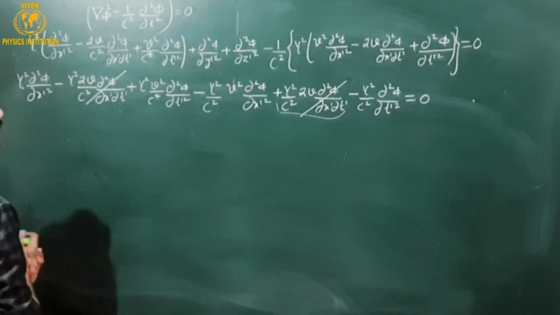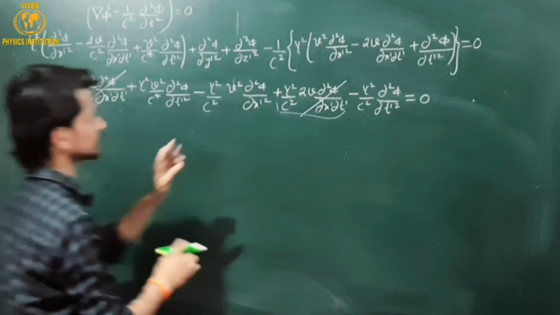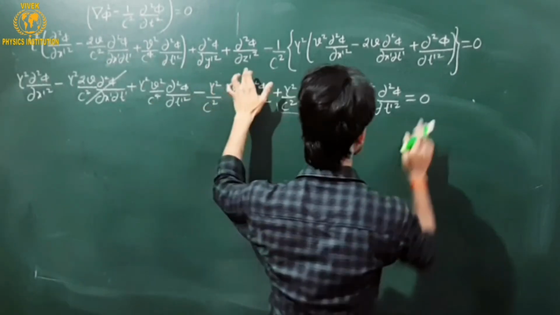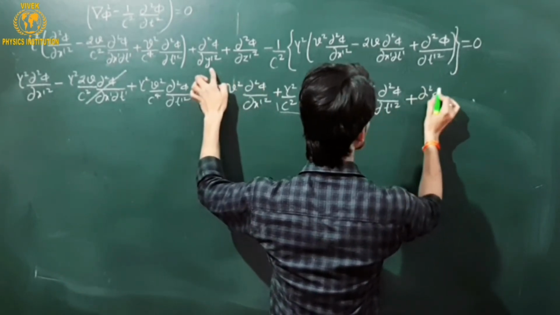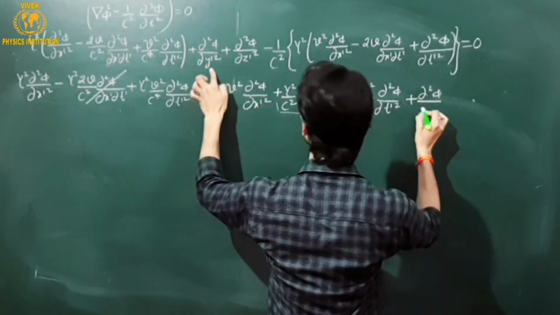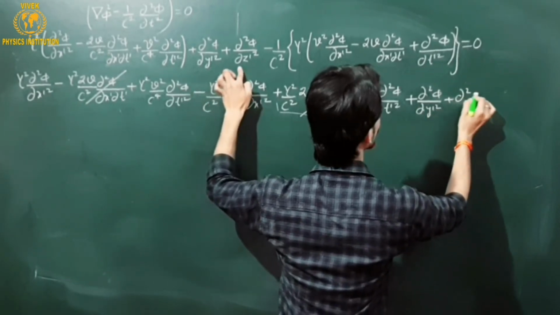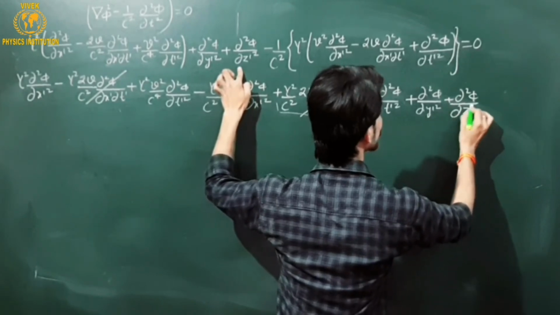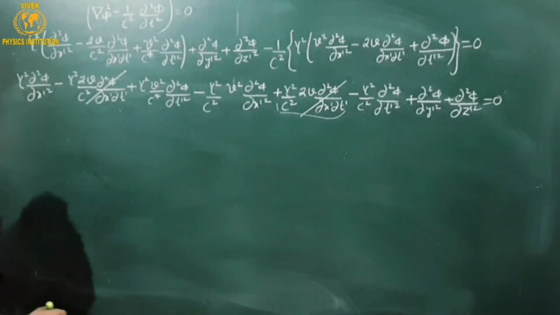So let me write first these. Okay, two factors are remaining here. These two factors. Okay, sorry for this. This is first del square phi over del y dash square, and another is del square phi over del z square. This is 0. So these two factors are cancelled out.